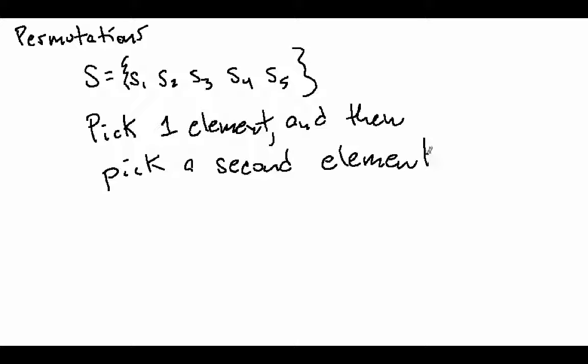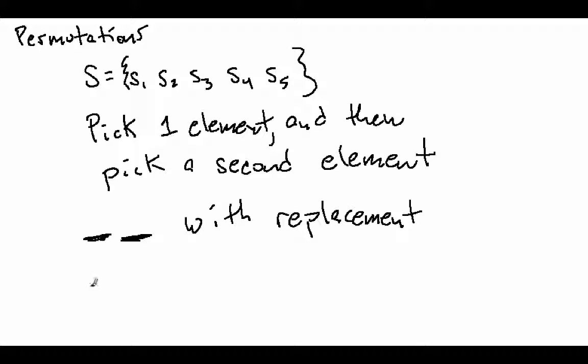So we said that the way we could think about this is, again, like a two-tuple. And we said there were actually two ways to think about this experiment. We could do it with replacement, and we could also consider doing this without replacement.